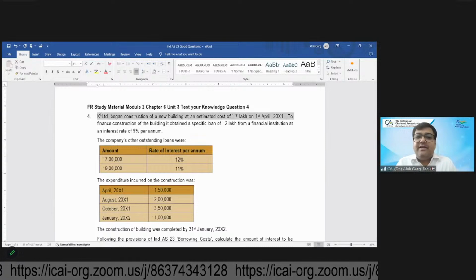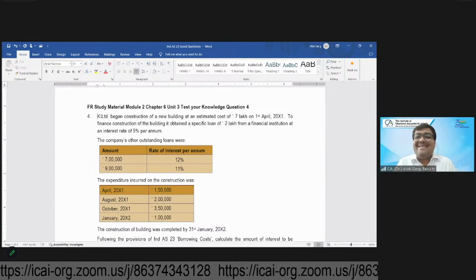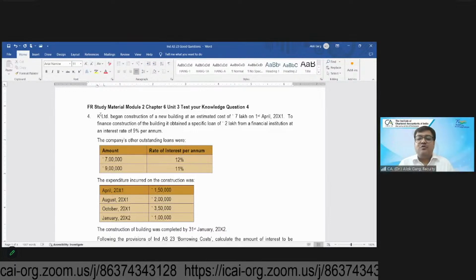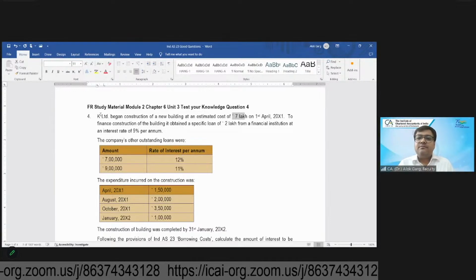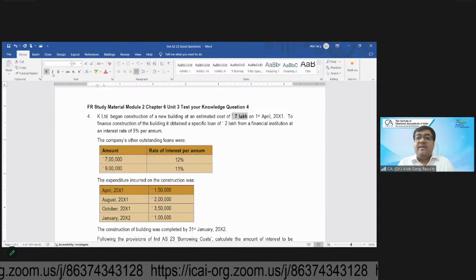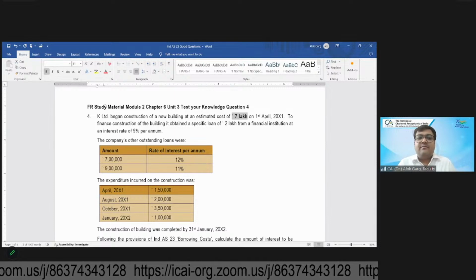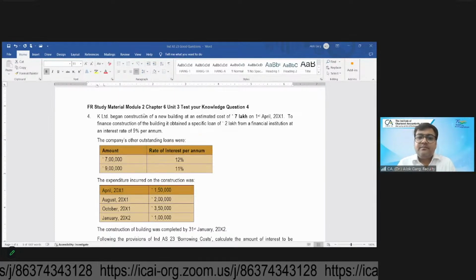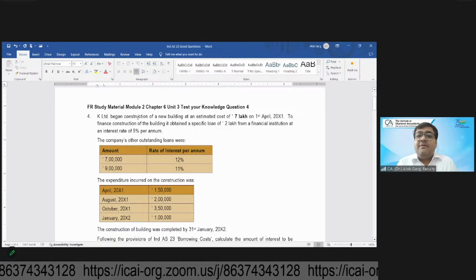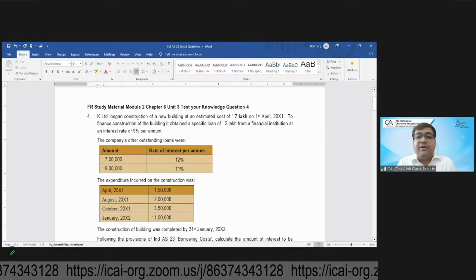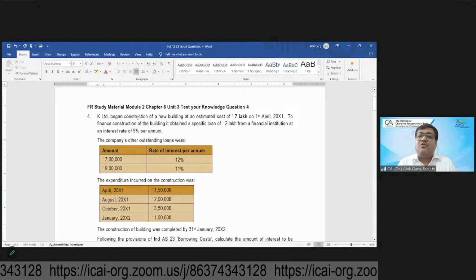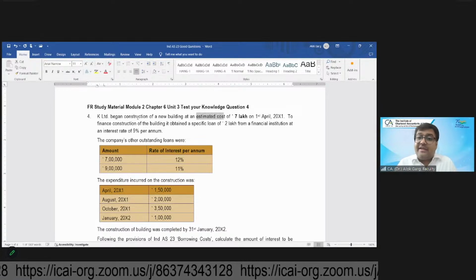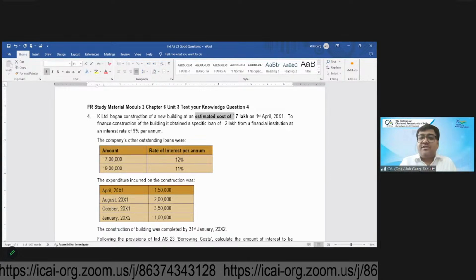K Limited began construction of a new building at an estimated cost of 7 lakh on 1st April 20x1. Estimated cost means K Limited has estimated that the cost is 7 lakh.